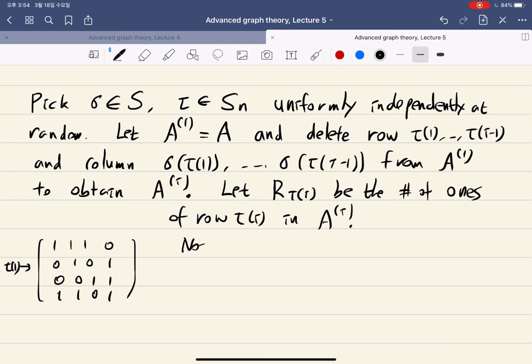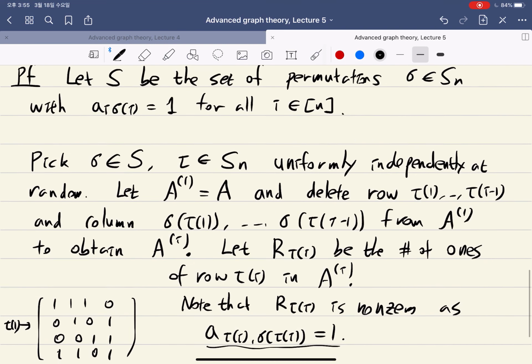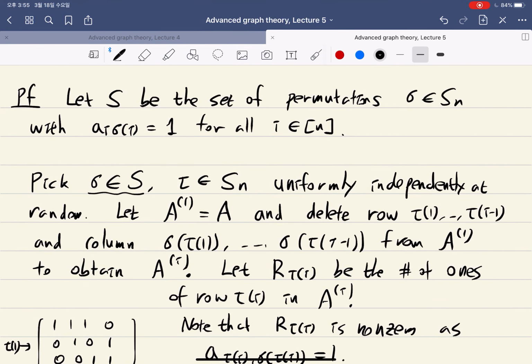Then this is always non-zero, as sigma is chosen in such a way that this value is always 1. So sigma was chosen from S, and S is the set of permutations which satisfy this equality for all i.